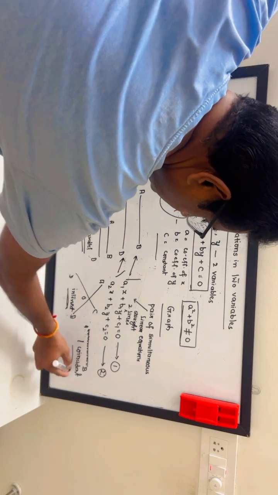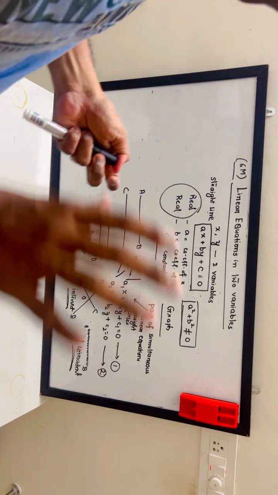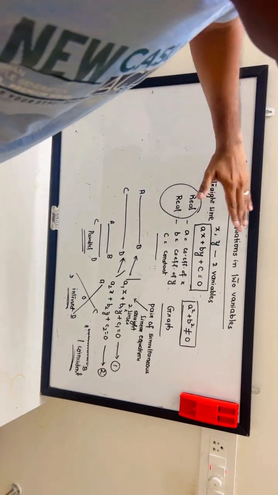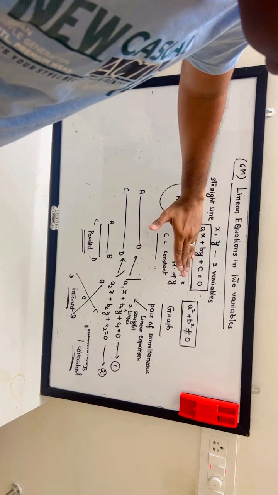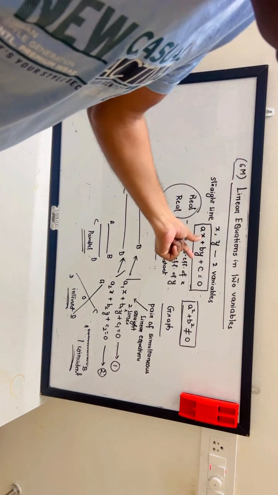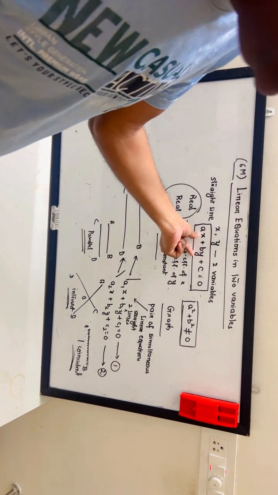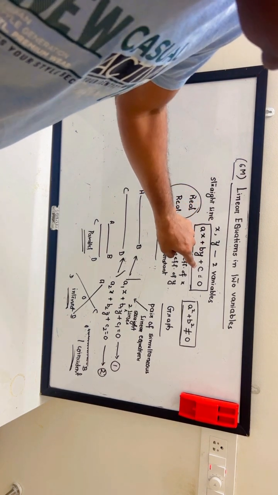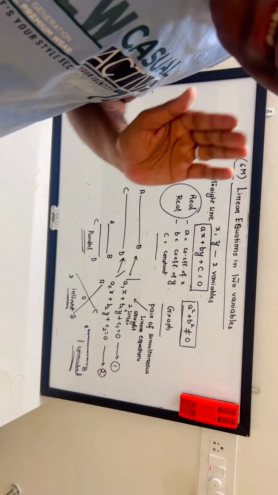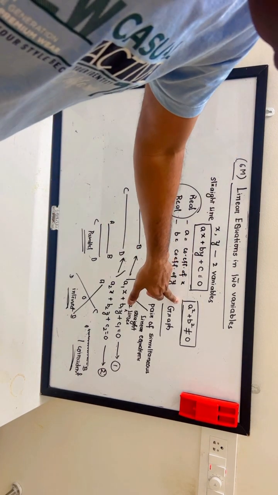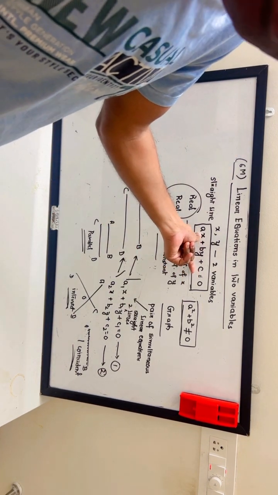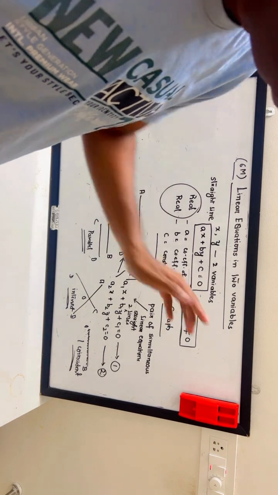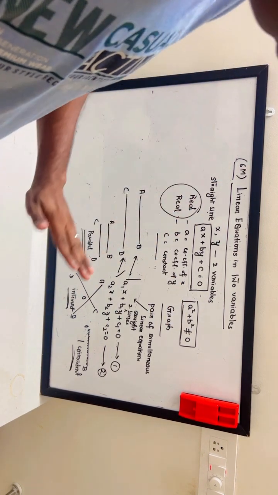So what we have studied till now is we defined a linear equation in two variables as ax plus by plus c equal to 0. X and y are your variables, a is the coefficient of x, b is the coefficient of y, and c is a constant. A and b are always real numbers, and the condition for this equation to be a linear equation in two variables is that a square plus b square should never be equal to 0. This is the first condition.